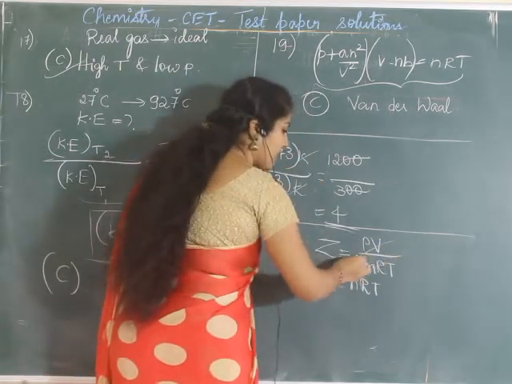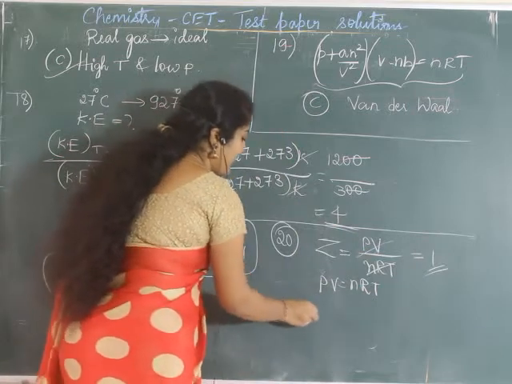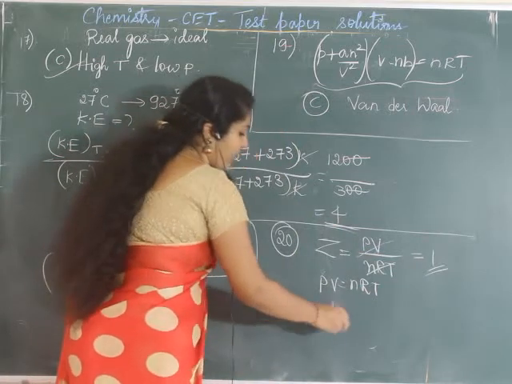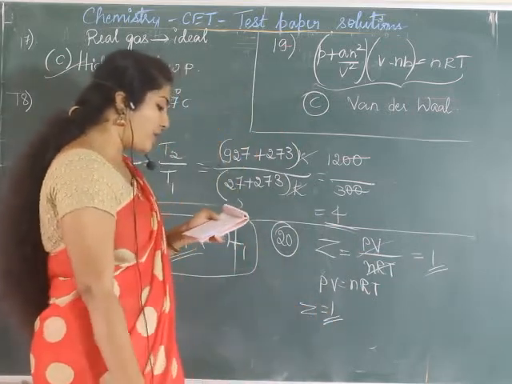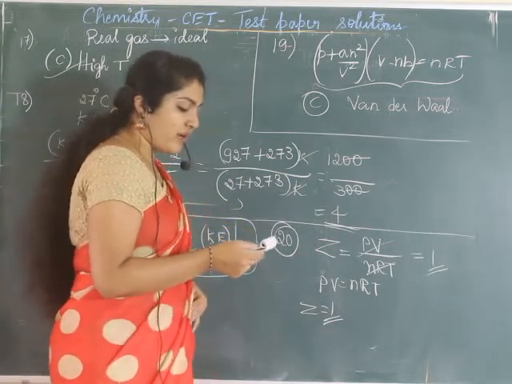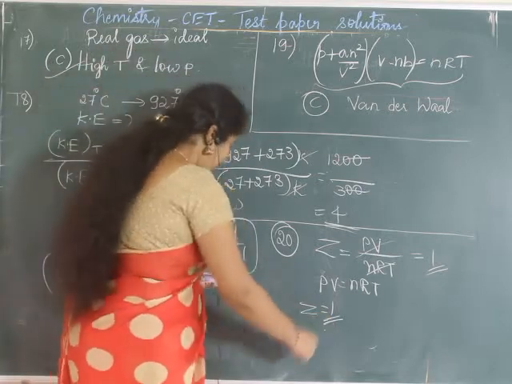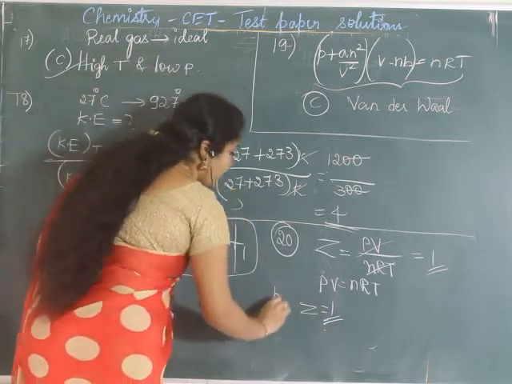So if both are the same, then you get 1. Therefore, compressibility factor for an ideal gas is 1. Options are 1.5, 1.0, 2.0 and infinity. So 1 is the right answer. Option B.